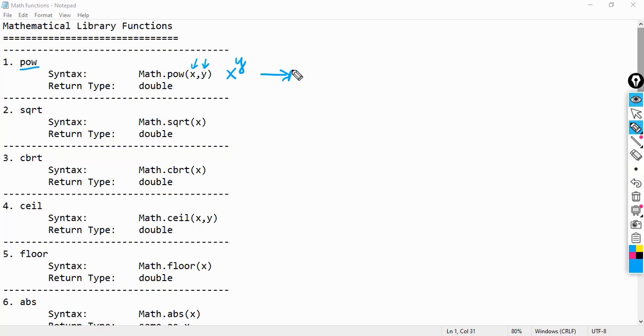For example, if I write math.pow 2, 3, it will give me the answer for 2 power 3. The answer will be 8.0, because it always returns a double value.